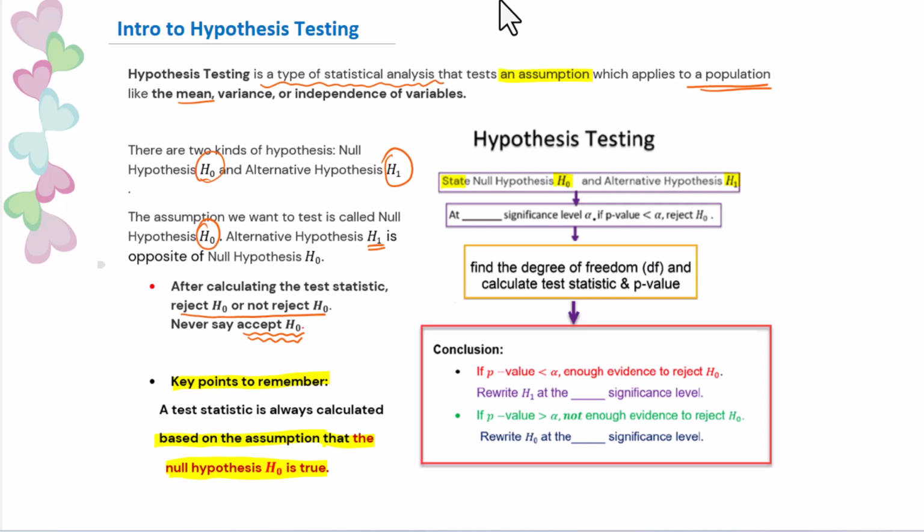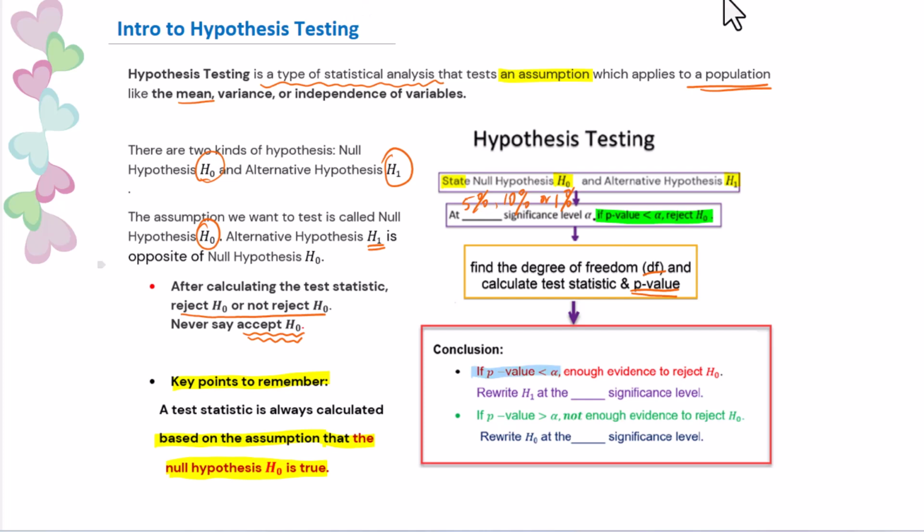At certain significance level alpha, if p-value less than alpha, reject H0. Significance level alpha normally is 5%, 10%, or 1%. Then find the degree of freedom and calculate test statistic and a p-value. Then you can draw the conclusion.